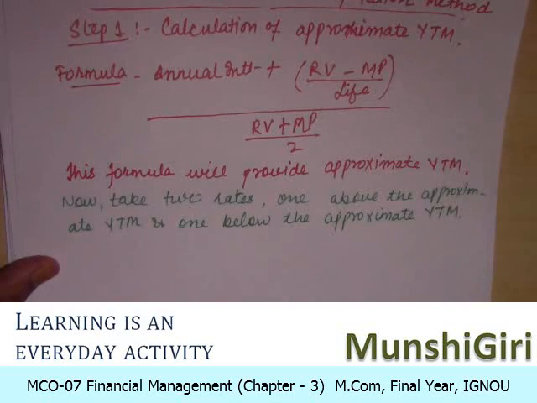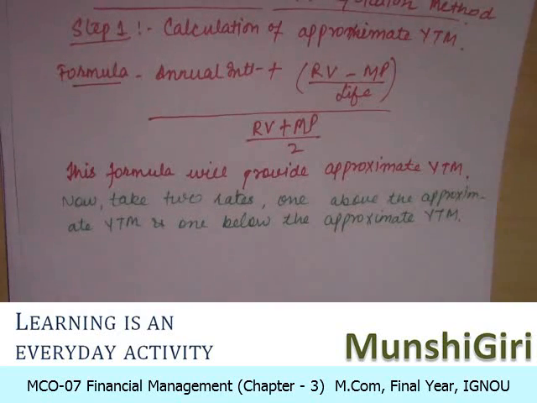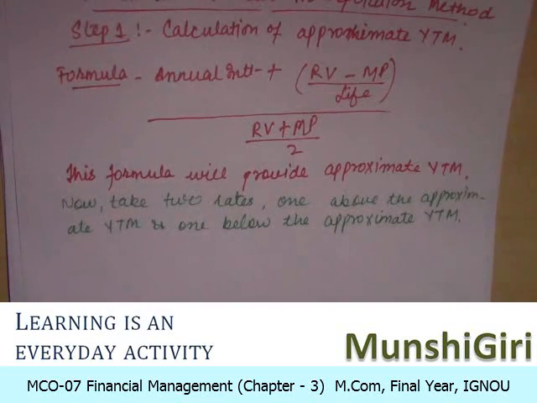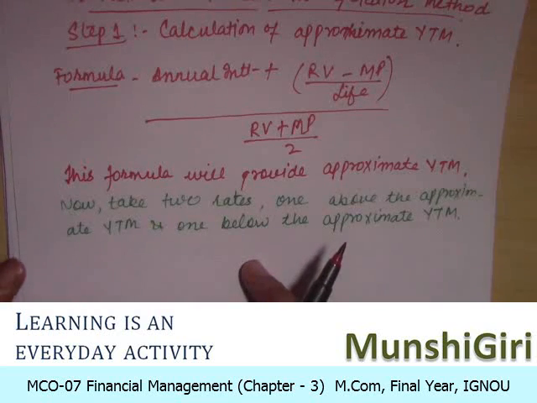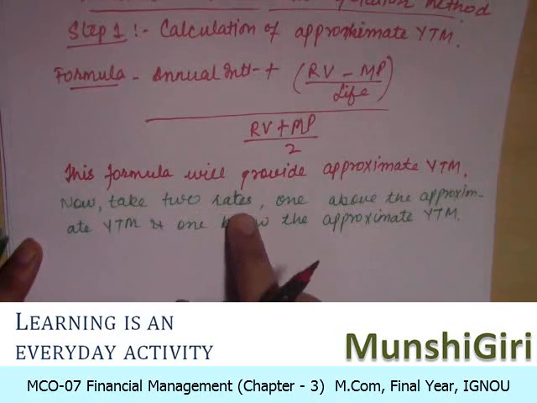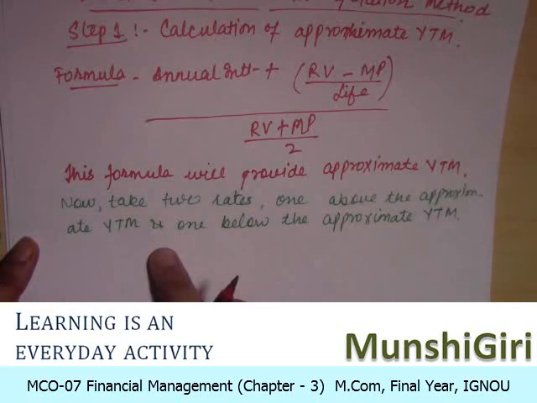Now comes step 2. In step 2, we'll calculate the NPV at the lower rate and the NPV at the higher rate. The lower rate and the higher rate are the 2 rates that we have taken here, one above and one below the approximate YTM.